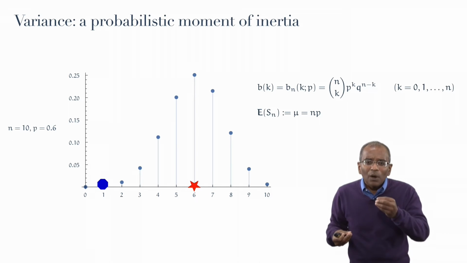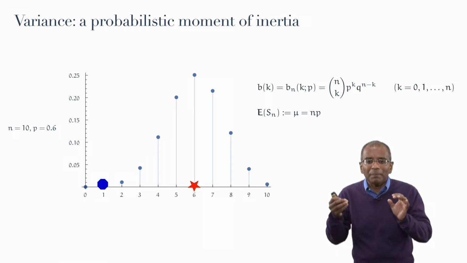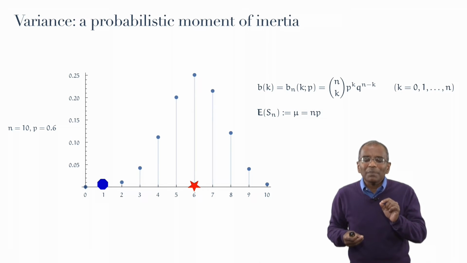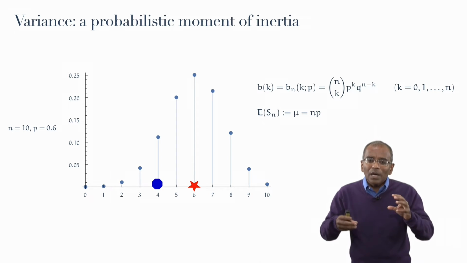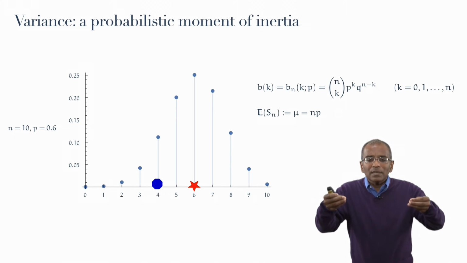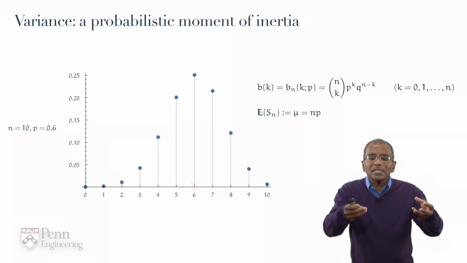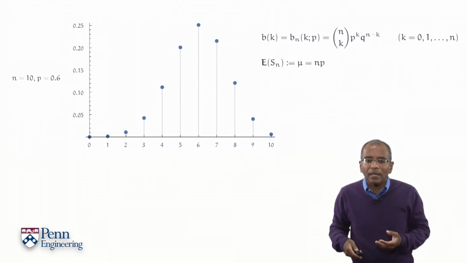Of course, one success occurs in the setting, again with a very small probability, b of 1. But as k increases, 2, 3, 4, the binomial probability increases, and a spread, k minus the center, the whole squared, becomes not at all unlikely.